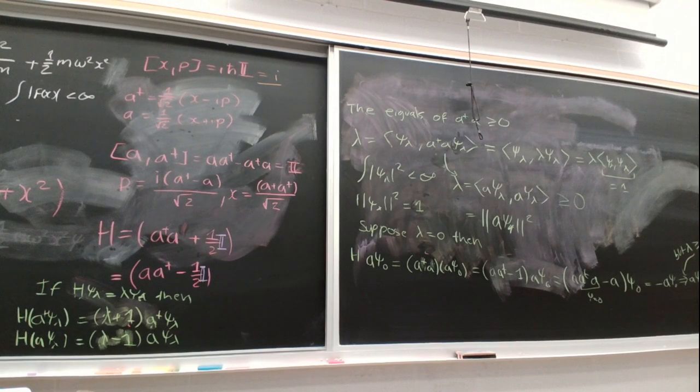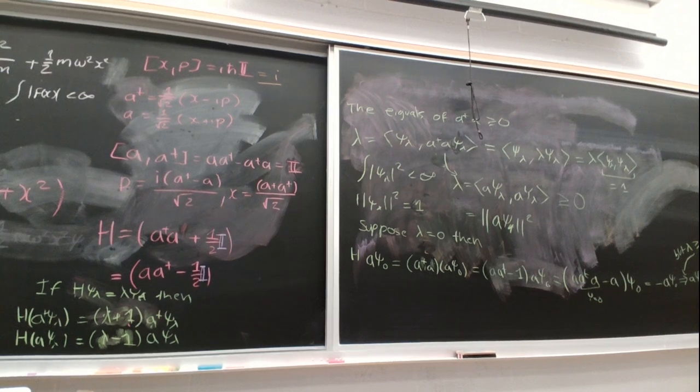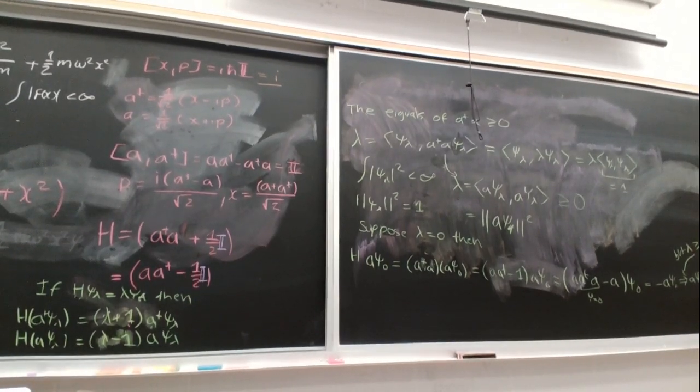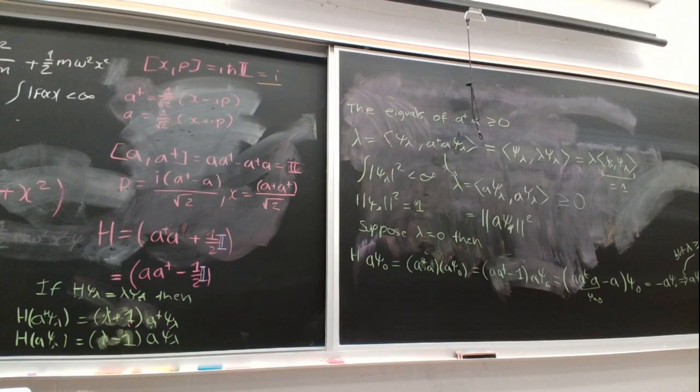I could keep going down, and then I'd eventually get to something that's negative. Do you agree? And in that case, what would go wrong? Energy quantized. Yeah, that's the other thing, we see that energy is quantized.